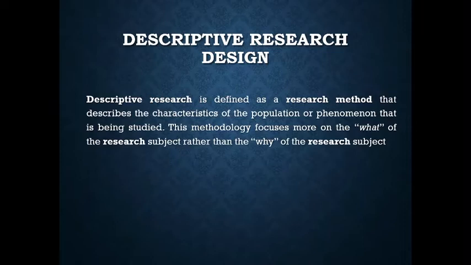So this type of research helps in defining research methods and in describing the characteristics of the population. And this is something related to the what. The exploratory research, which we discussed previously, is related to the how, while this descriptive is related to the what of any research.